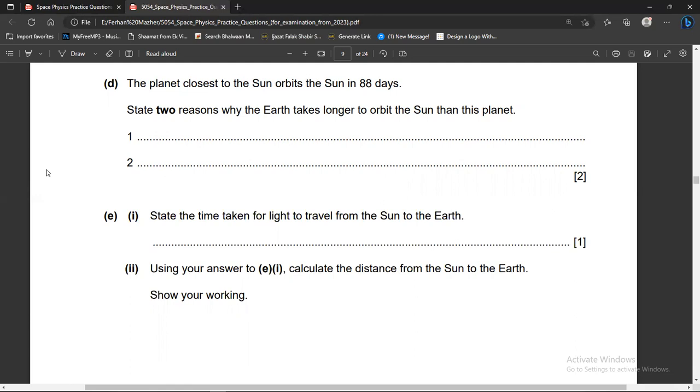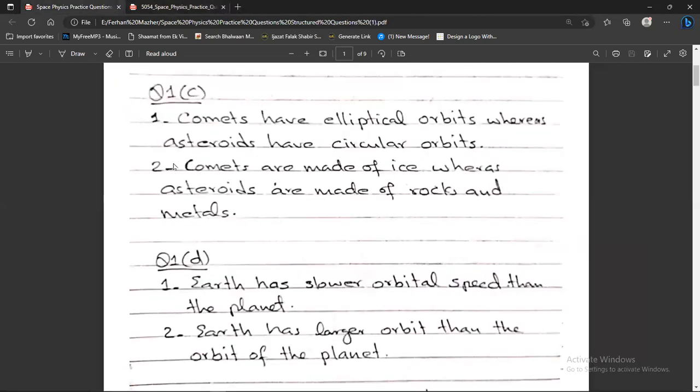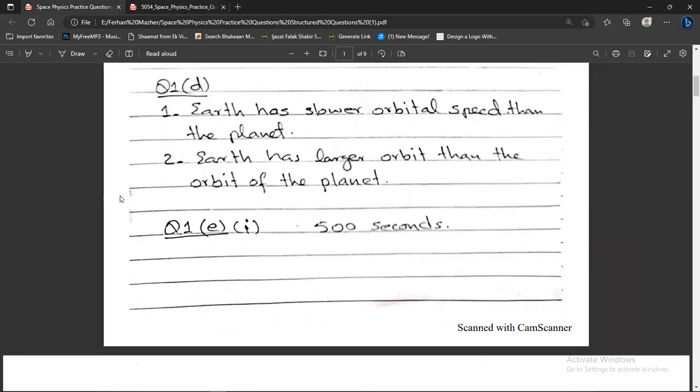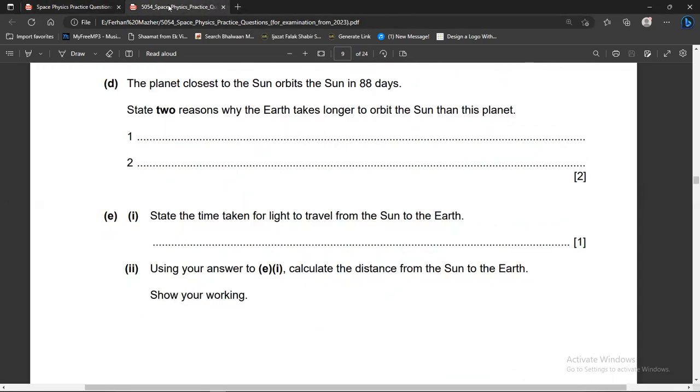A planet which is farther from the sun has a lower orbital speed. So my answer is: the Earth has slower orbital speed than the planet, and the Earth has a larger orbit than the planet.